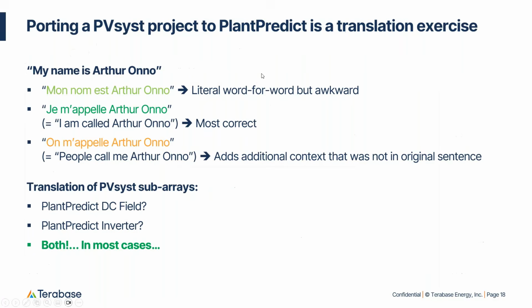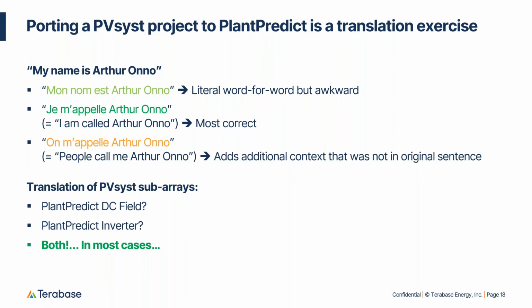So in essence, porting a PVsyst project to PlantPredict, some of you may have done it manually before. It's a translation exercise, and it's very similar to a language translation. You may have realized English is not my native language, and if you take the sentence, "My name is Arthur Ono," there are multiple ways to translate it into, for example, French, my native language.